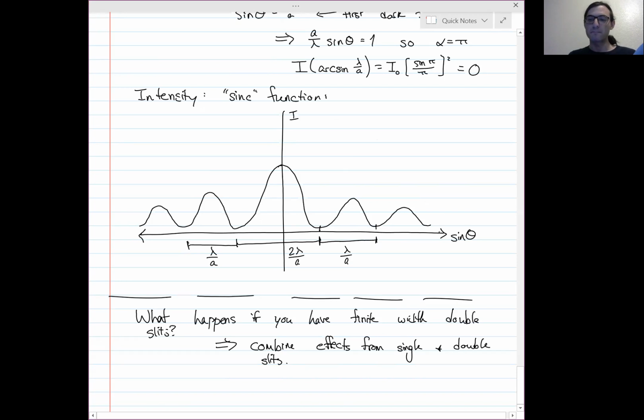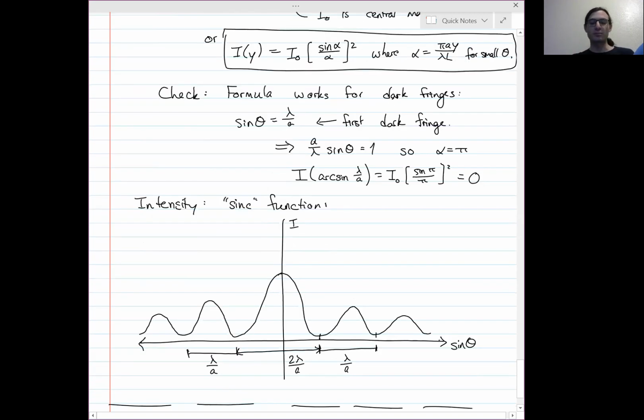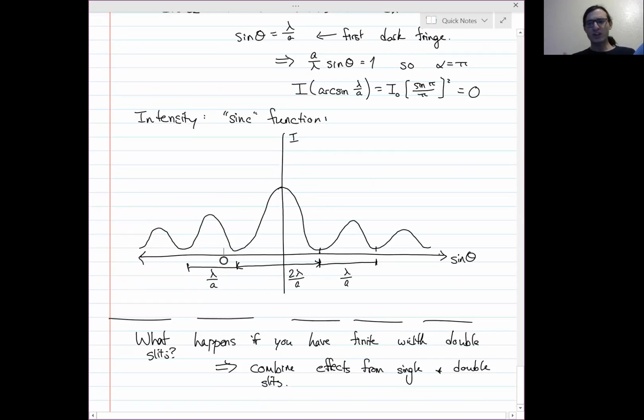That's all. Yeah, that's for the whole middle hump. That's this distance here. I was just telling you the distance between them. And so the point is that you can plot this thing. You can actually see that the central maximum is twice as large as the other maxima.